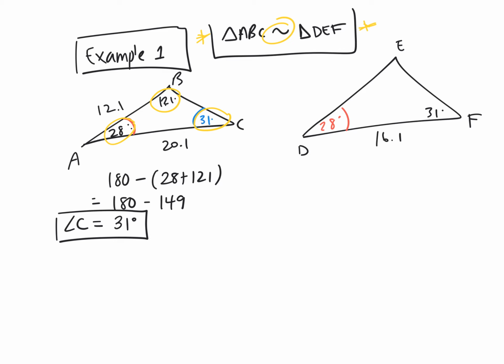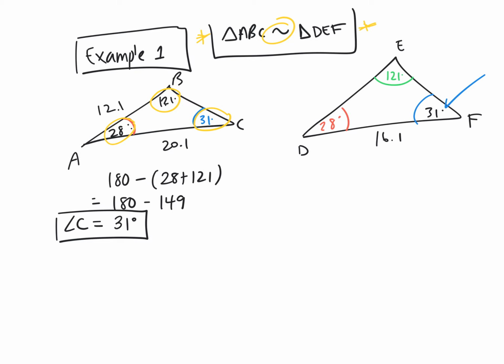Well, if this is 31 degrees, that was already done for us. So we know that these are in the right position right now. Can you tell me what angle E is equal to? 121 degrees. Done. We found all the missing angles.